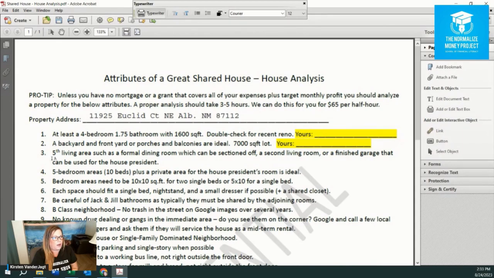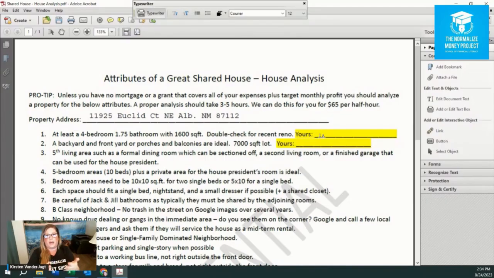I already did some analysis of this area. If I were to pull the property profile, it's likely a 4-bedroom, 2-bathroom, probably around 1,700 square feet. Now if there was a recent renovation, that's really important. There's no way for someone to know there was a recent renovation unless you know that and share it with them.